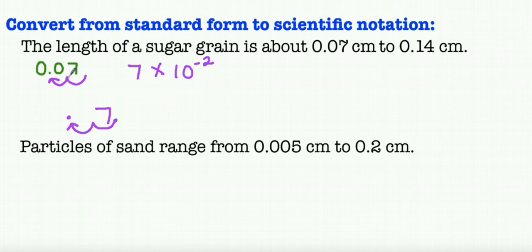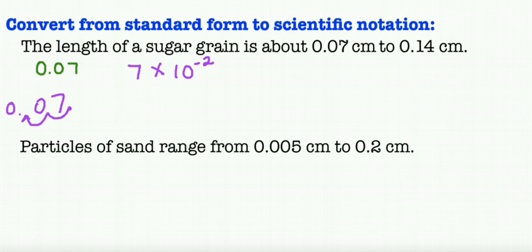So because our decimal goes to the left from the end of 7, it's 10 to the power of -2. Okay, and we could always check that by writing 7 and a decimal here. We go to the left 2. We end up with the same amount.